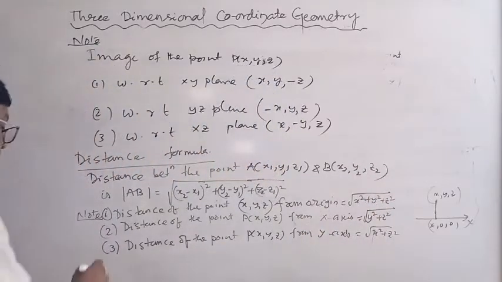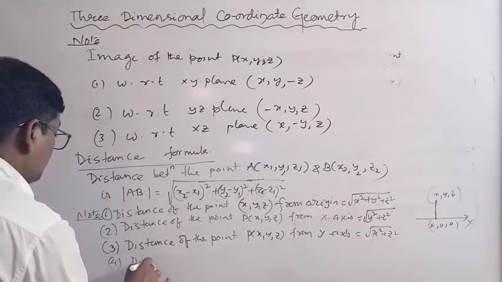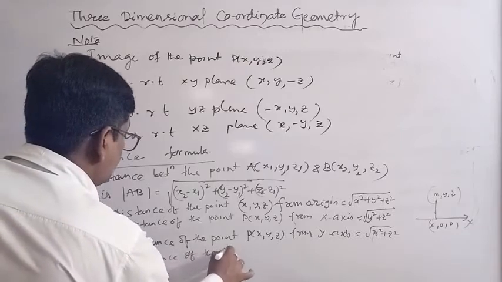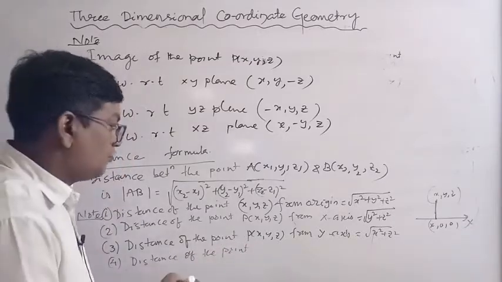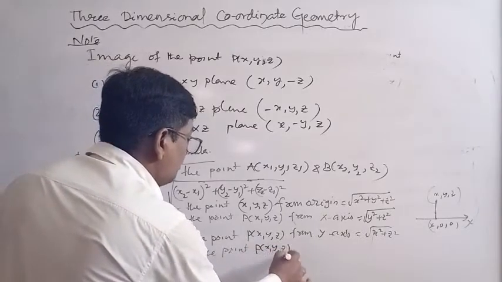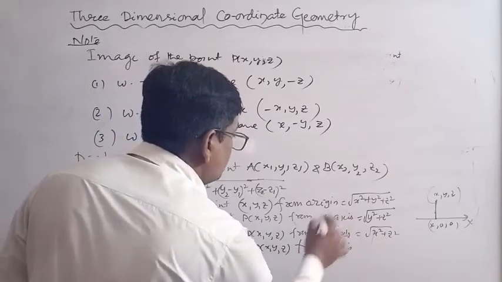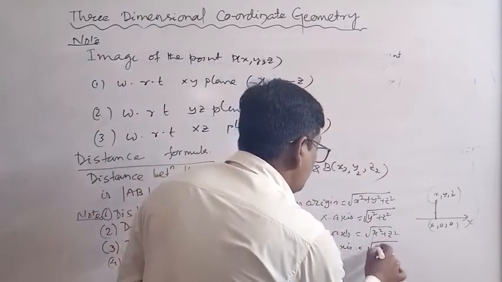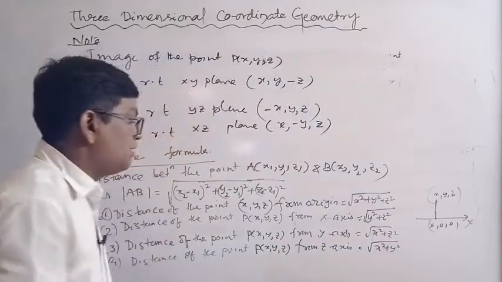Finally, the distance of the point P(x, y, z) from the z-axis is equal to root over x square plus y square. These are the distance formulas.